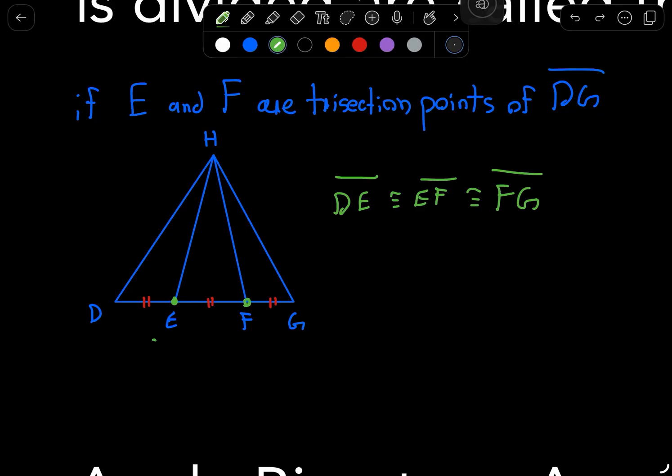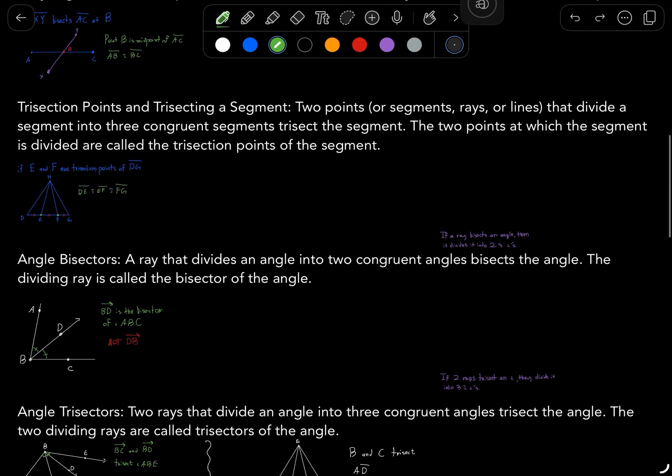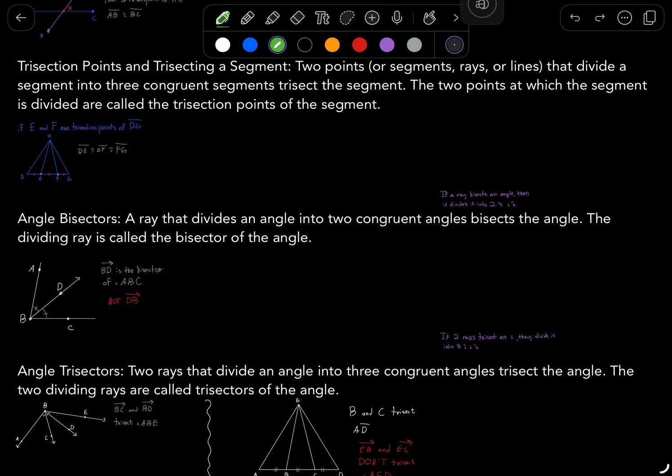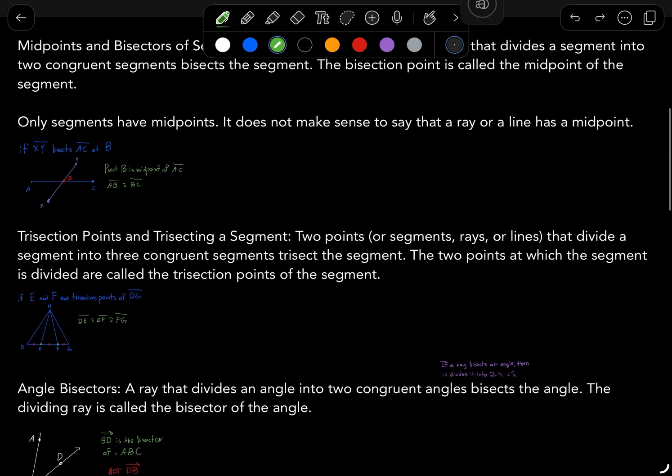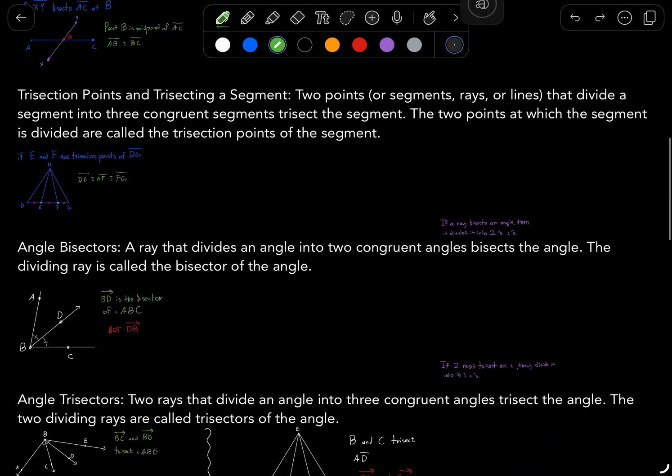So they divide DG into three equal segments, and these equal segments are DE, EF, and FG. Those are all congruent to each other. Once again, the only difference between a bisector and a trisector is the number of congruent segments you have. When you're bisecting something, you have two, and when you're trisecting something, you have three.